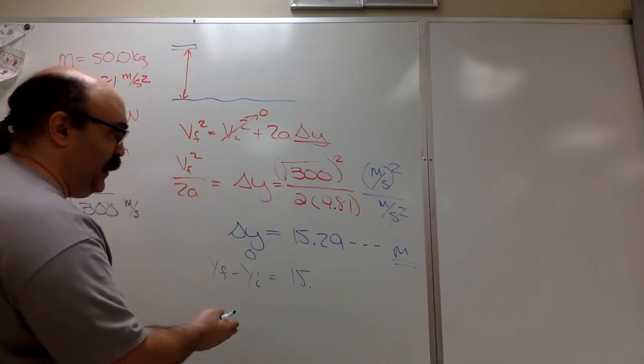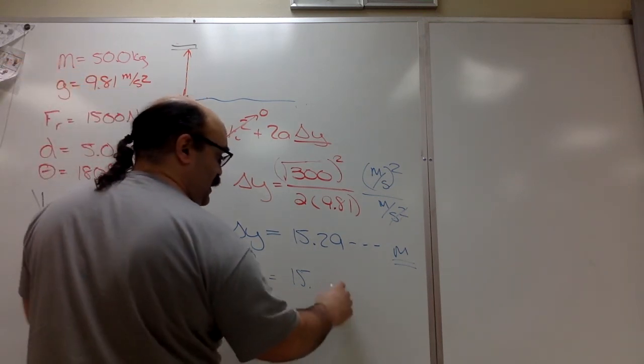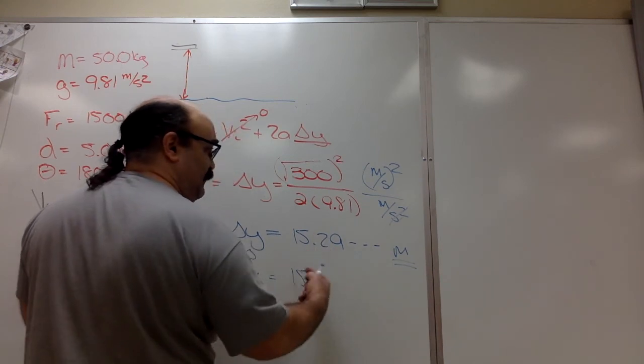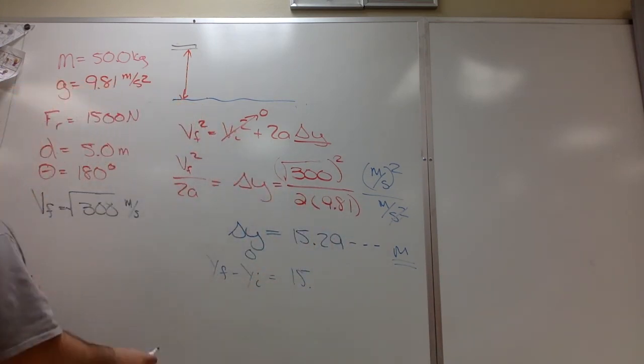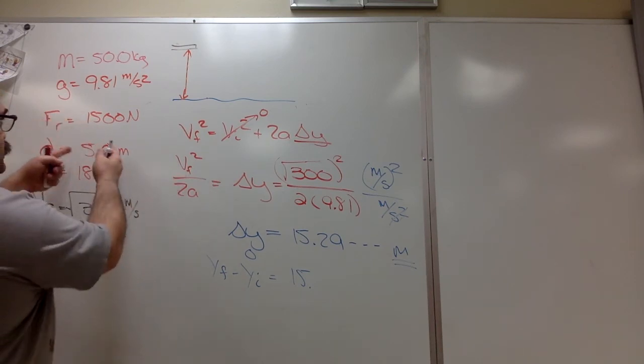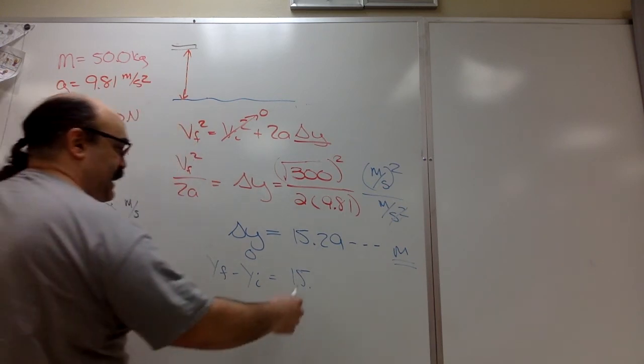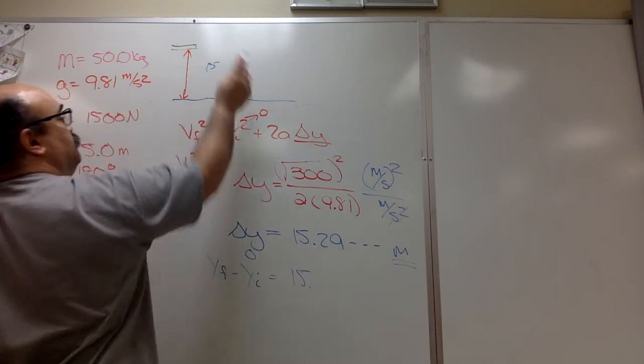I'm going a little quicker than I usually do; I'm just trying to make our videos shorter. This should be 15 meters. It's good to 2 sig figs if we go back and look through all of this. When we do our division, 2 sig figs, we end up getting 2 sig figs in the end. It fell 15 meters here.